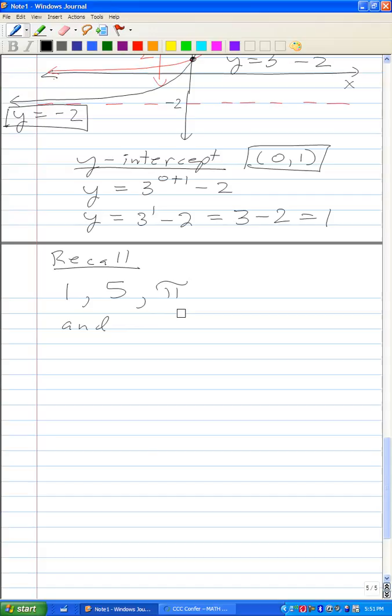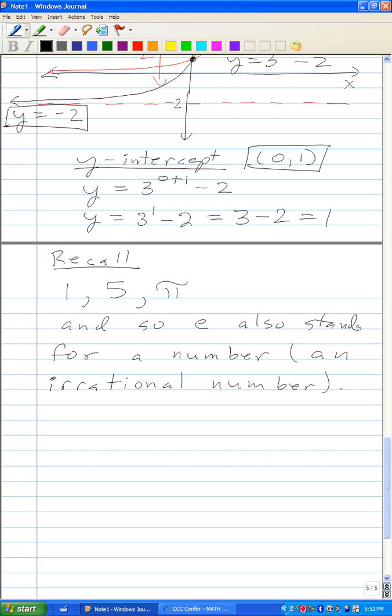And e stands for a number. It's a real number, in fact, an irrational number, just like pi is an irrational number.